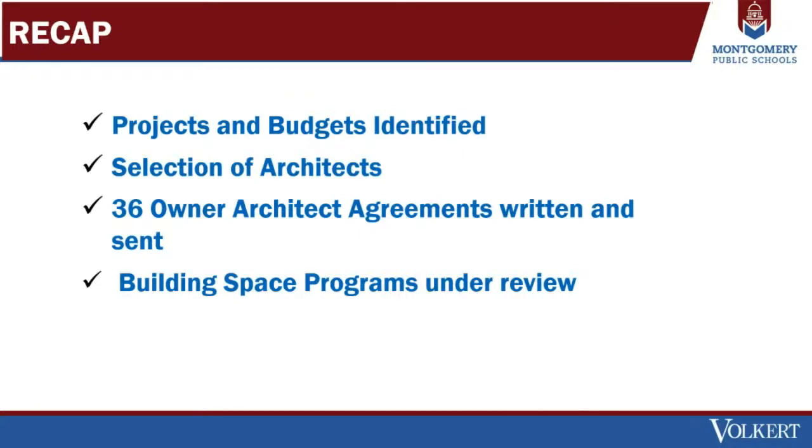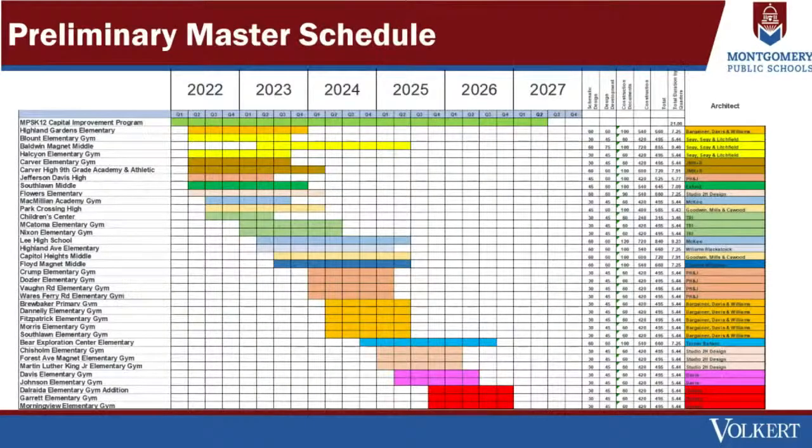On the next slide is the preliminary master schedule that we've put together for each of the projects. Across the top, of course, is the years from 22 to 27, and the next row down is each of those years broken up into quarters. Each of the projects, as they're assigned to architects, are color-coded by architect for the ease of looking at the charts.